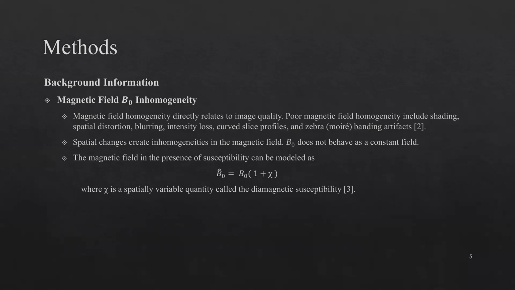Magnetic susceptibility refers to the material property that decreases or increases the magnetic field within the material relative to the surrounding field. Magnet homogeneity directly relates to the image quality and various artifacts. The types of problems associated with poor magnet homogeneity include shading, spatial distortion, blurring, intensity loss, curved slice profiles, and zebra banding effects.